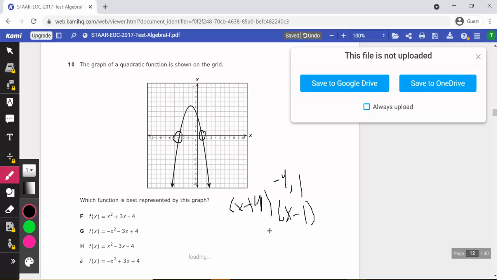So we find that, and then we just expand it out. When we expand it out, we get x squared plus 3x minus 4. So 10 is F. That's one way I like to do it.